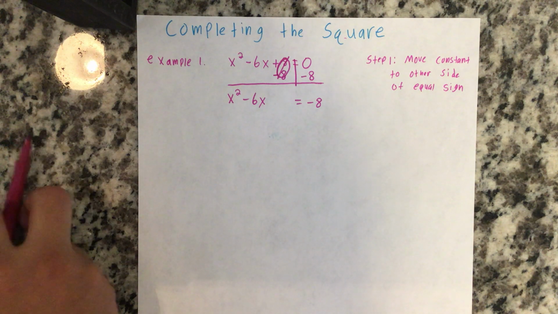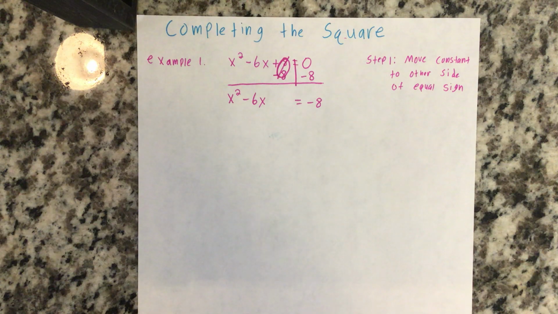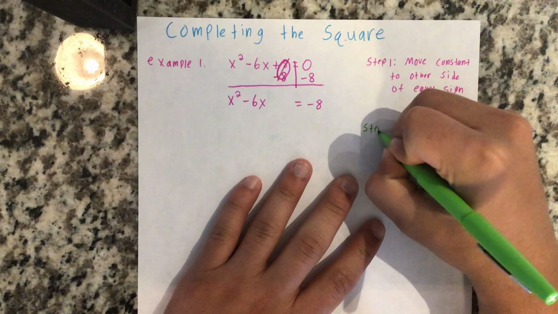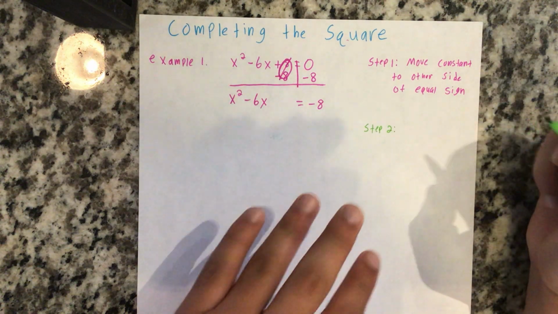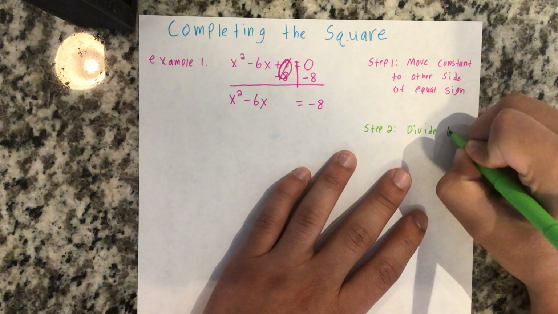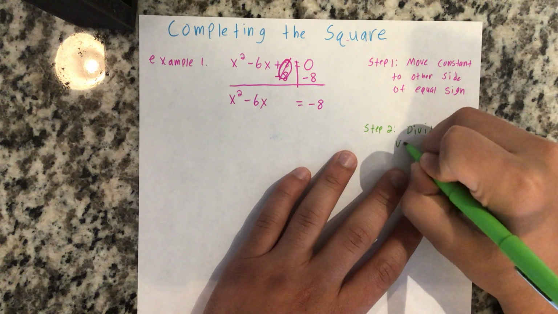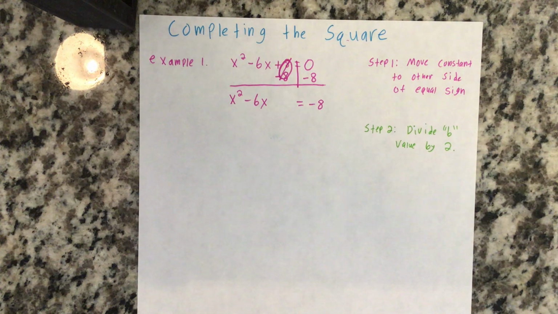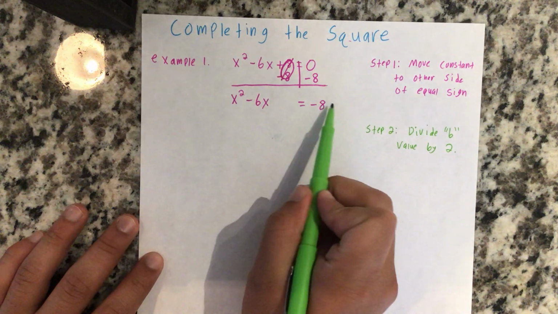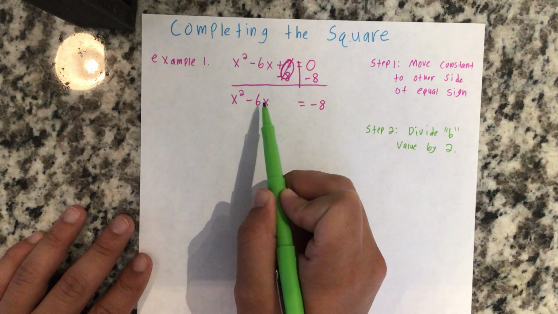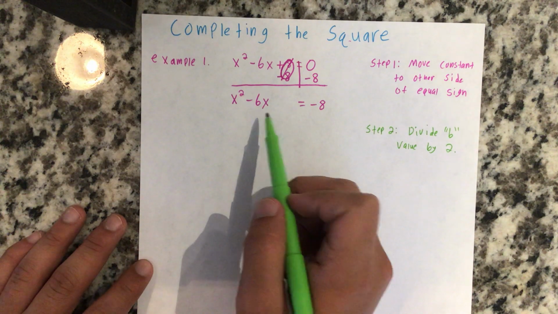So step 2, let me switch colors. Step 2, I'm going to write that down here. We're going to divide the b value by 2, okay? That's all step 2 is. Looking at this equation, the b value is what's in the middle, what's in front of the plain old x, the one variable.